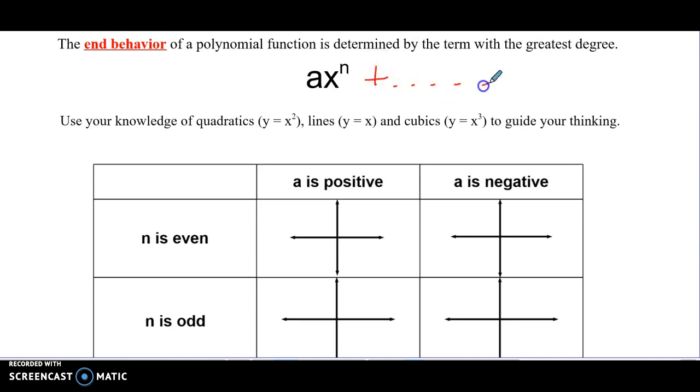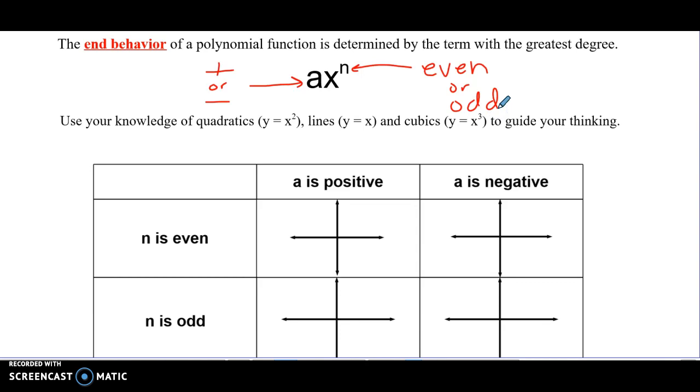There's some other stuff that happens here. None of it matters. The only thing that matters is the stuff in front. And the only thing that matters from that is if a is positive or negative, and if n is what? Odd or even. Those are literally the only things that matter.